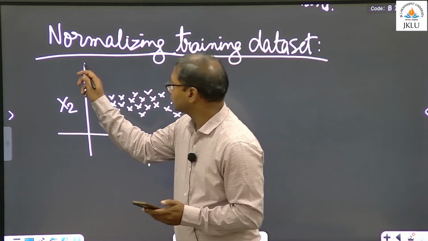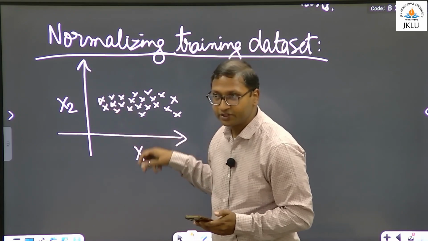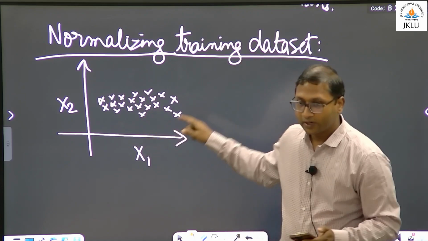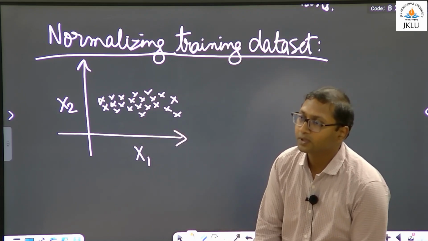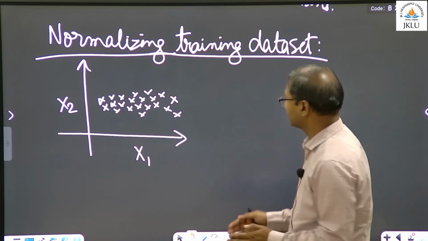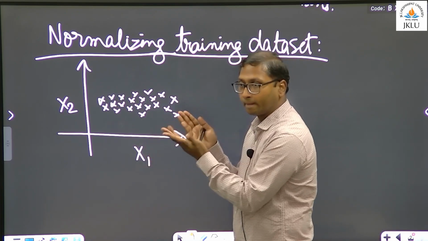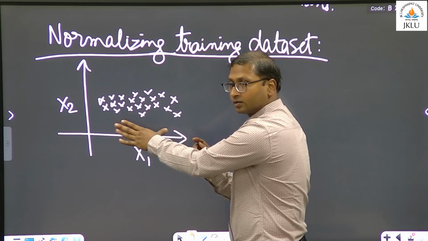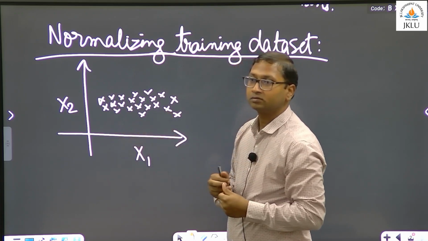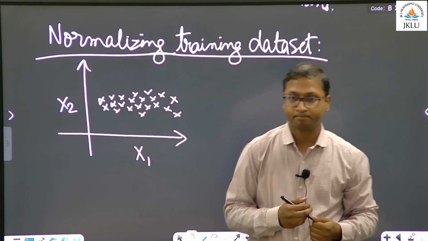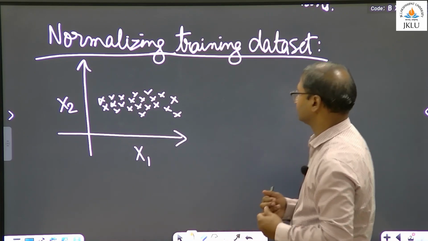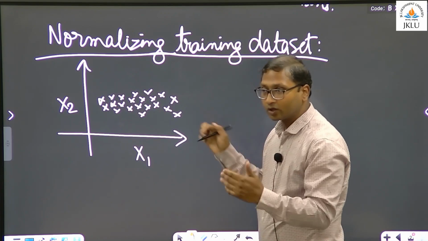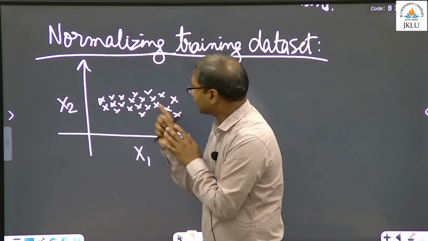So I have two features, x1 and x2. What does this plot tell me? x1 has higher what? Actually, I was not able to draw this.